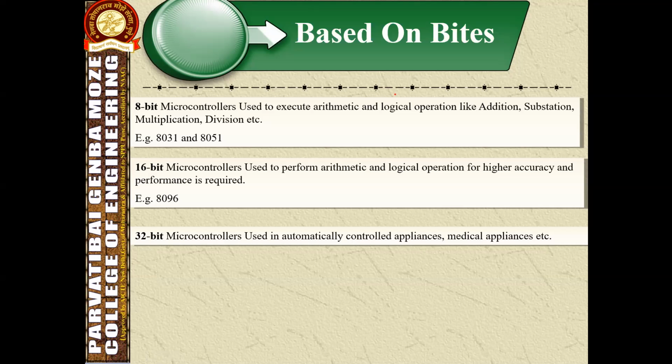Similarly, the microcontroller used to perform operations like addition, subtraction, multiplication, and logical AND, OR, and many other operations on 16-bit data is called a 16-bit microcontroller.